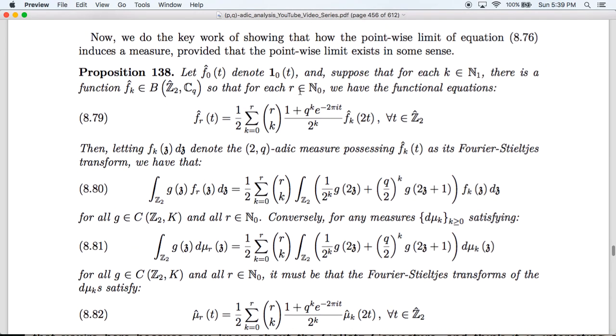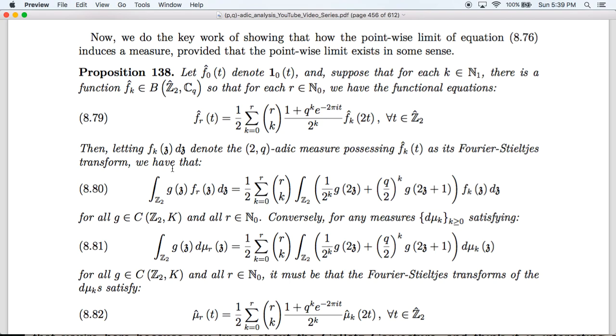In particular, let's define f0 hat of t to be the indicator function of 0, and suppose that for each positive integer k, there is a function fk hat from Z_p hat to C_q, which is q-adically bounded, so that for every r, the following functional equations are satisfied. Letting this guy denote this measure. So this thing so far has no relation to the F series.